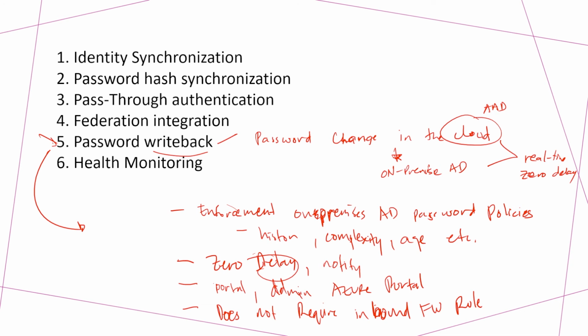There are no additional requirements for that. So once you activate it, all the communication will go through port 443, and it's all outbound. So yeah, that's as simple as it gets.